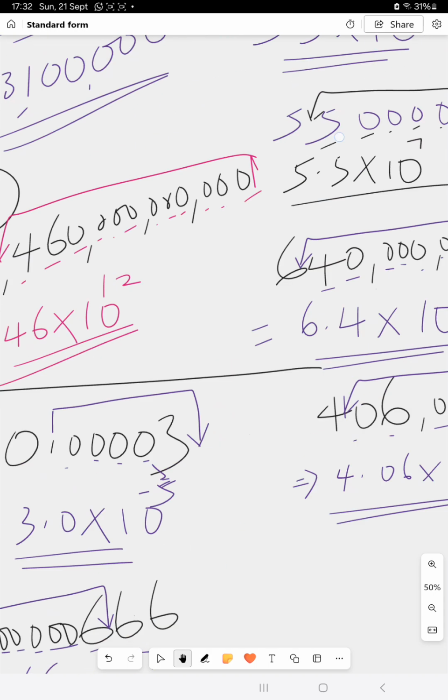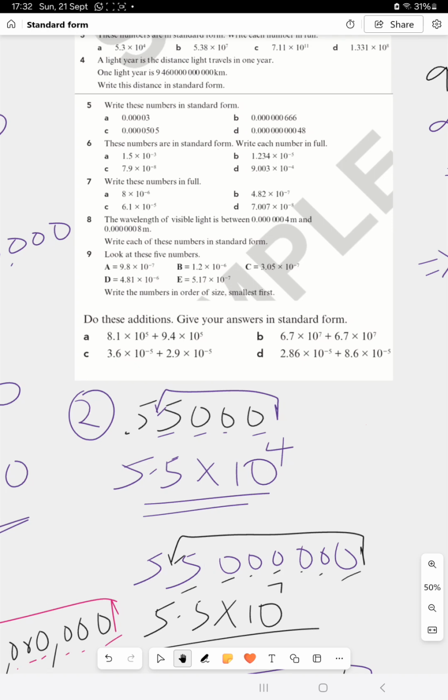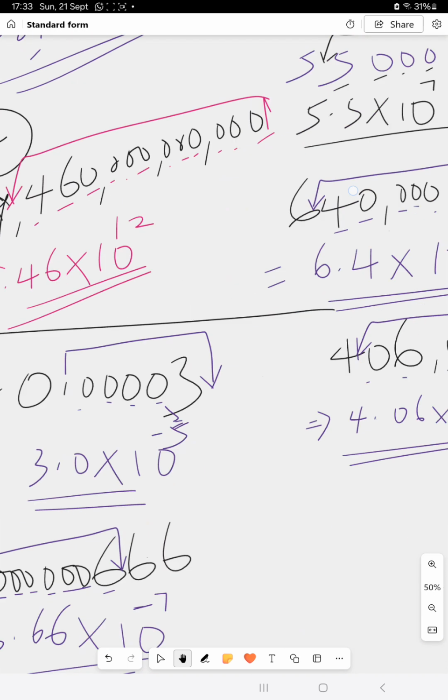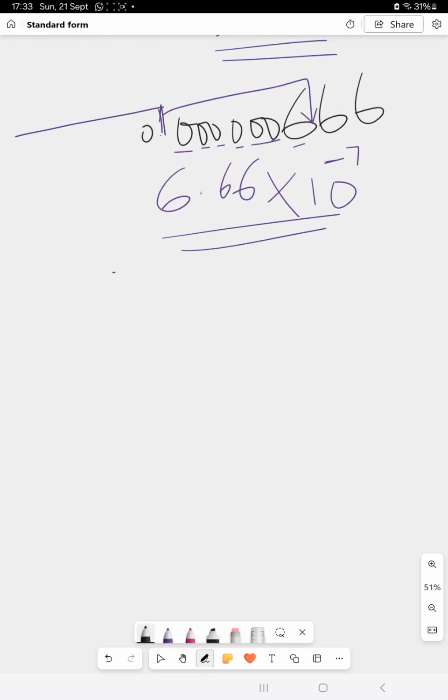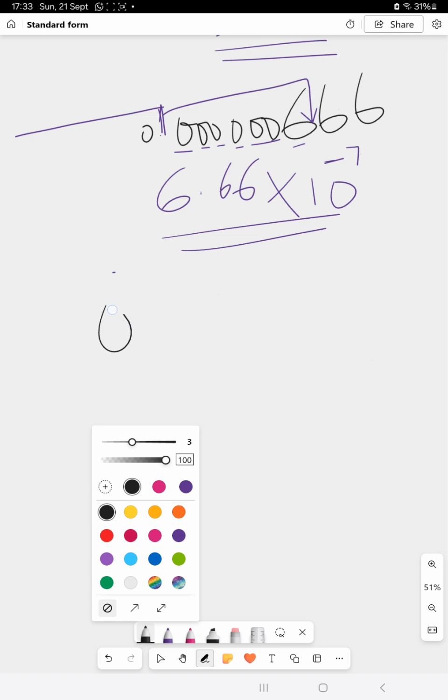Other question, you're told 0 point, it's another very big number there, 505. So again I bring this number down here, given 0.0000505.